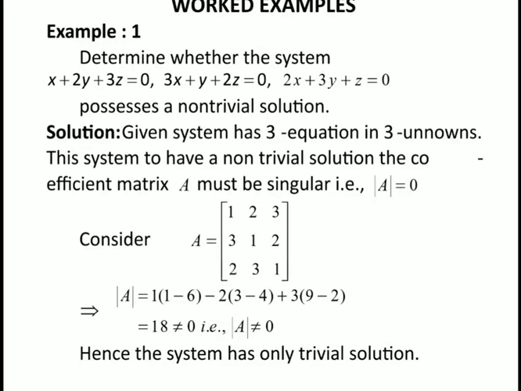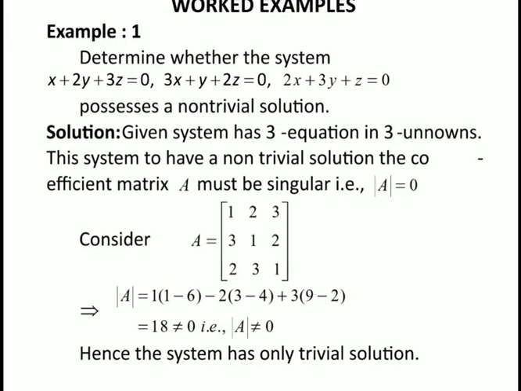Consider the matrix A, the coefficient matrix of these equations: first row 1, 2, 3, second row 3, 1, 2, and third row 2, 3, 1. Let us find the determinant of this. Expanding it, I hope all of you know how to expand a 3 by 3 matrix.